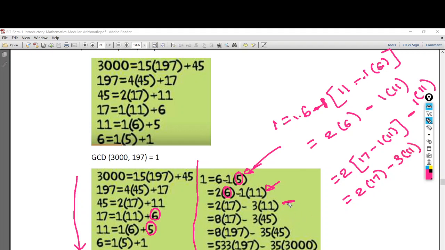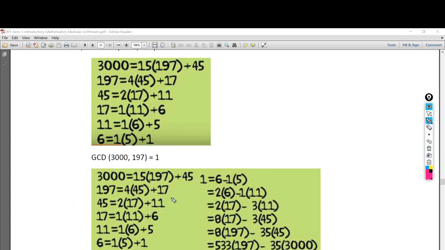That is how you get to this one. Then you have to substitute this 11 using this one, so 11 as 45 minus 2 times 17. So you have to keep doing like that. Another 2 steps you get into this particular thing. Ultimately you have to substitute this 45 also using this one.